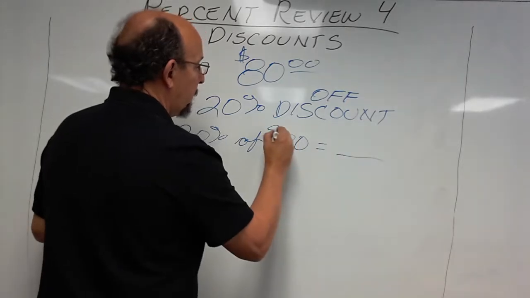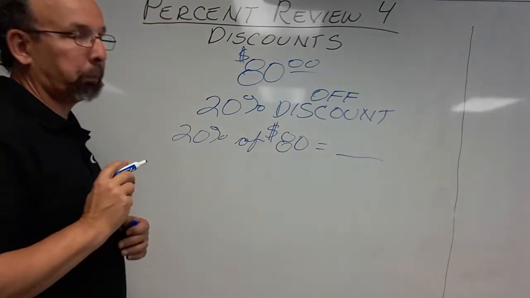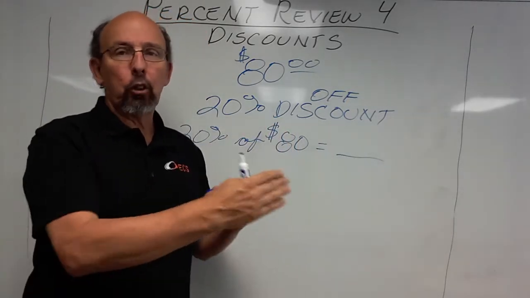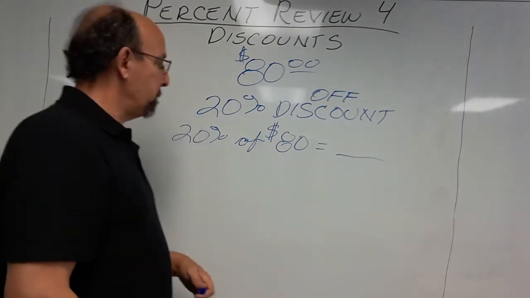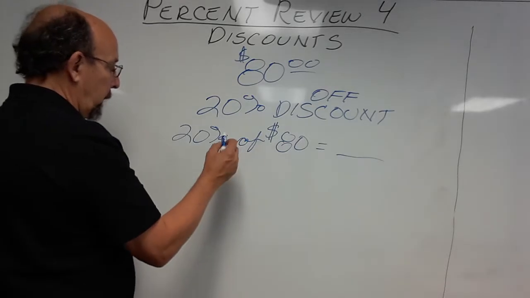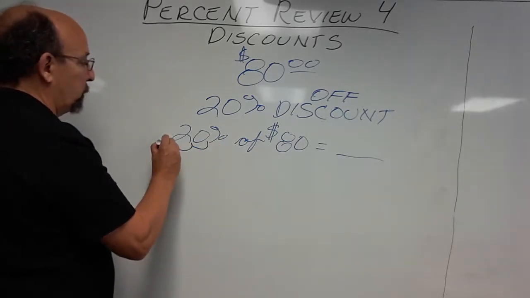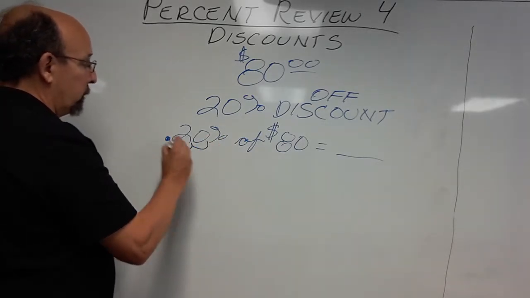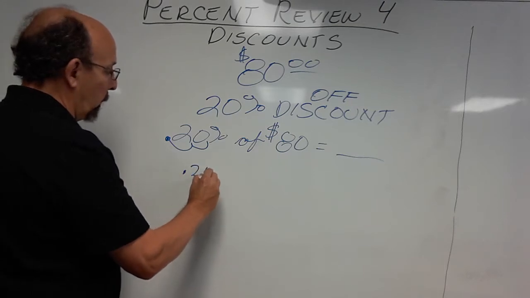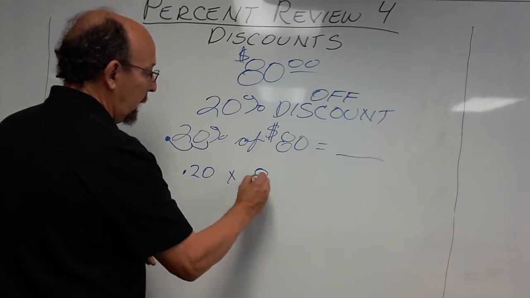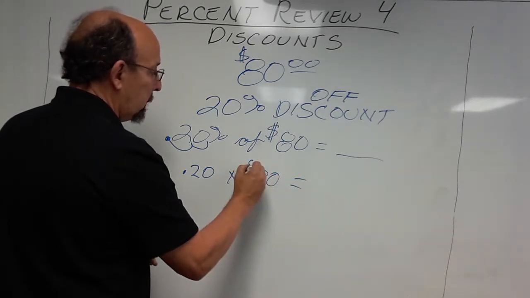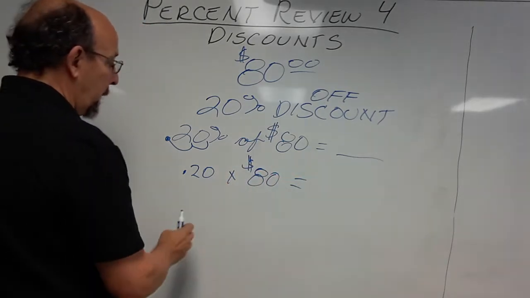If it doesn't come out even, you're going to have a decimal point, 2 zeros, dollars and cents. So you change the percent to a decimal, 2 places to the left, and multiply 0.20, or really just 0.2, times 80.